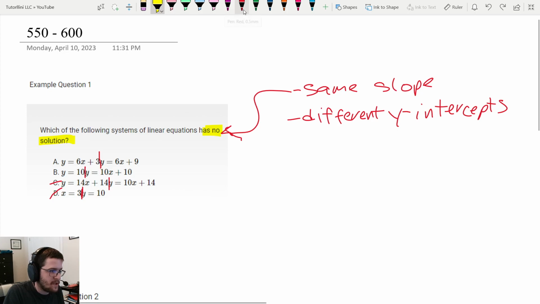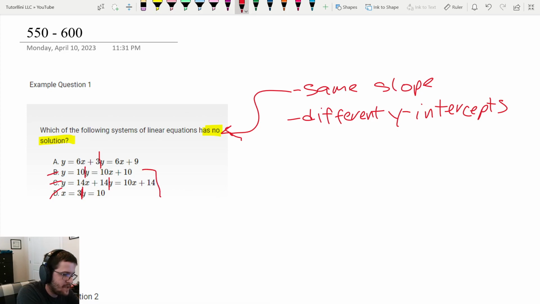So those have different slopes, so those are also one solution, so that's out. So all three of these should have one solution. Let's look at A. We've got the same slope, 6, and then different y-intercepts, 3 and 9. So this one has no solution. So the answer is A.